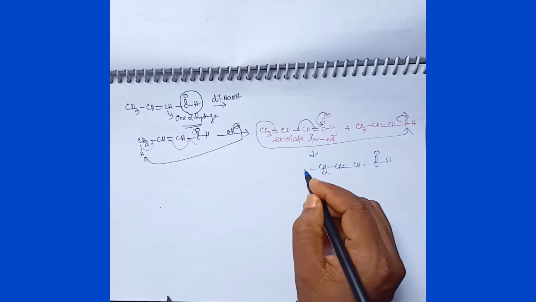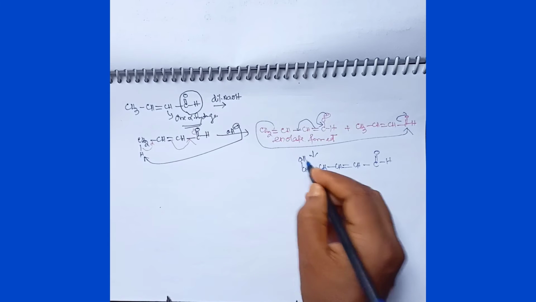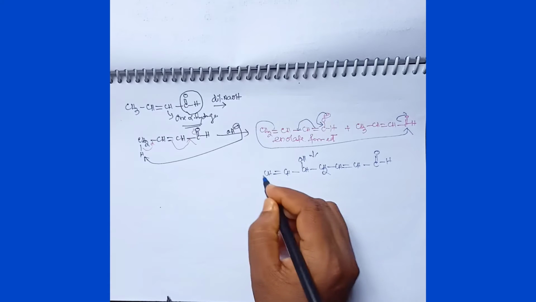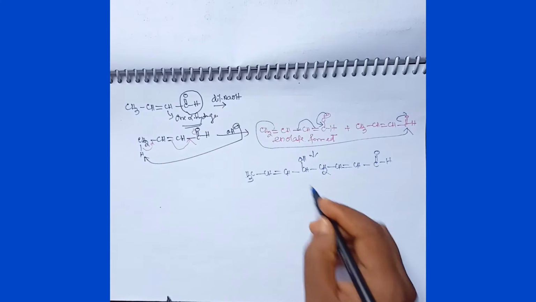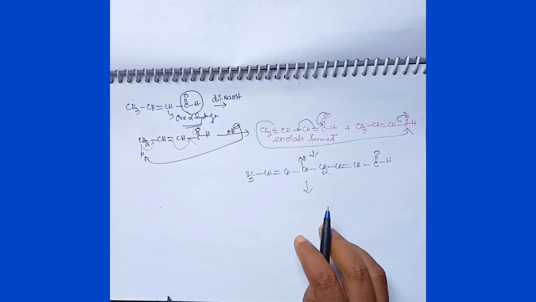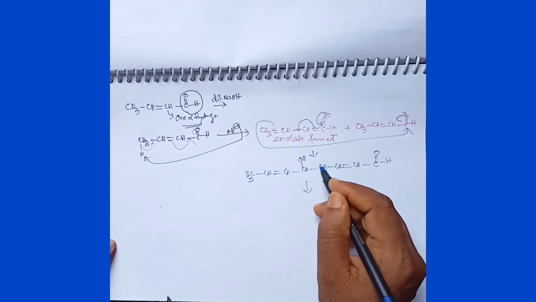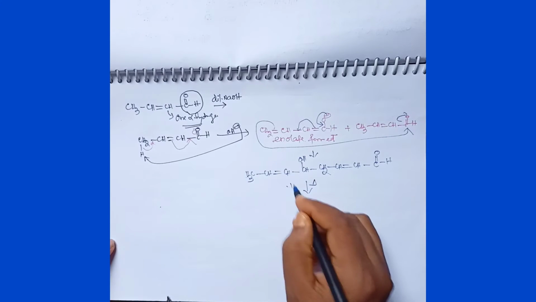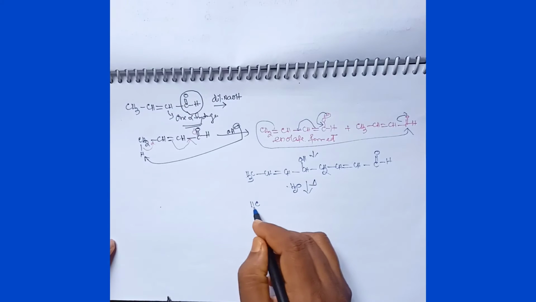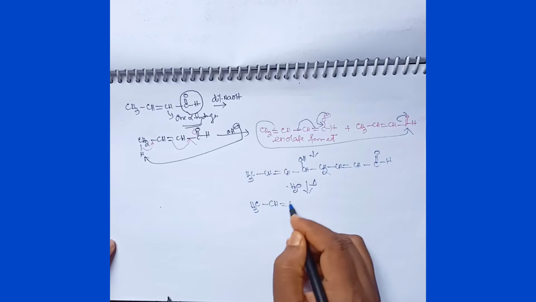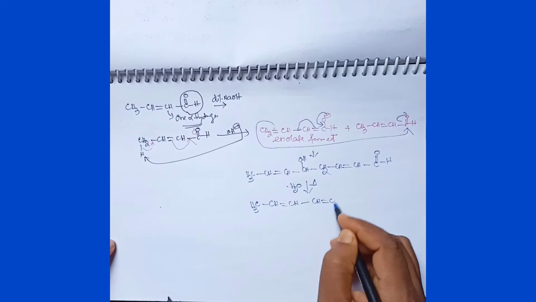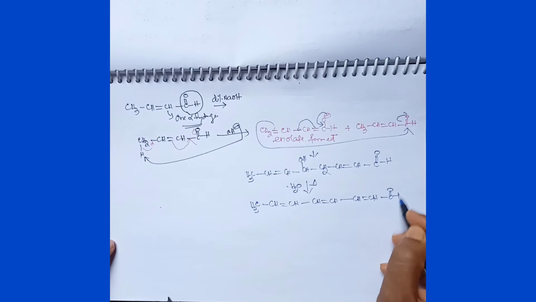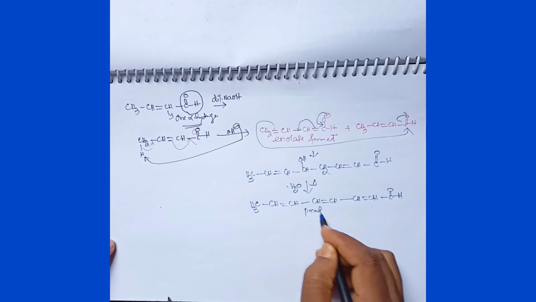Now it will attack here and it will form OH, CH double bond CH3. Now after heating, this hydrogen will be abstracted. Heating, dehydration will take place and the molecule formed will be CH, CHO. This is the product formed.